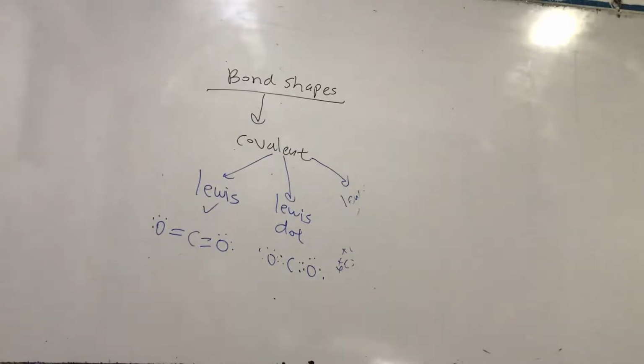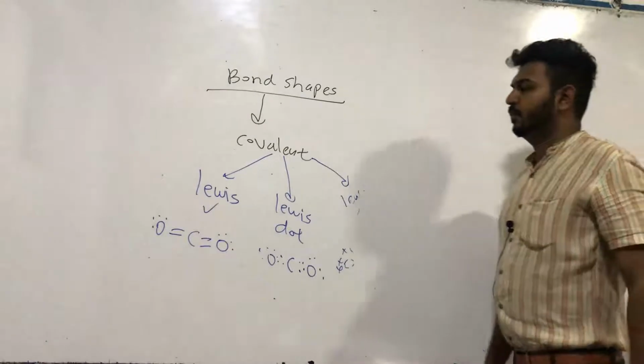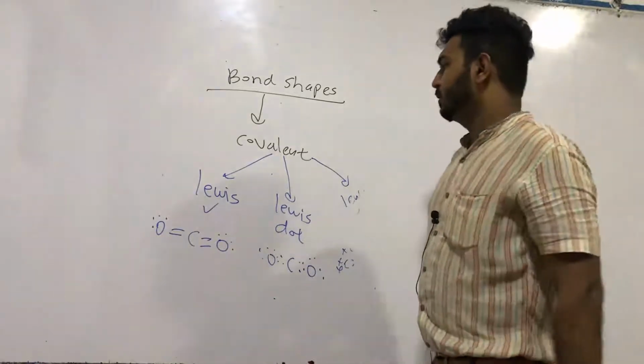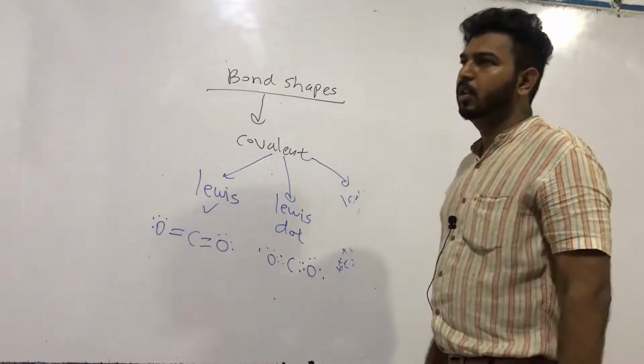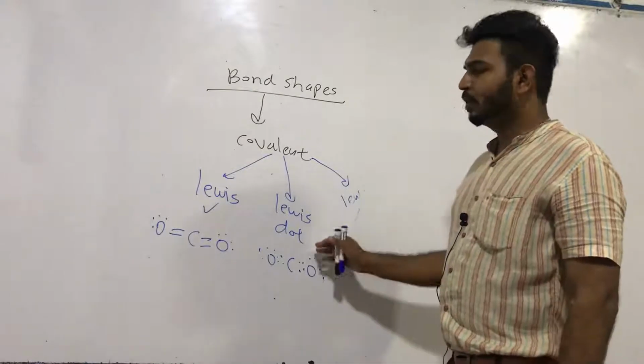The first one is Lewis structures. The second one is Lewis dot structures.